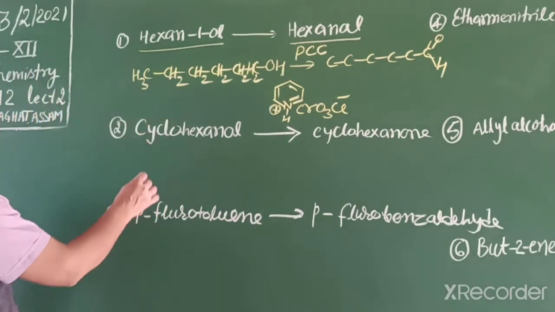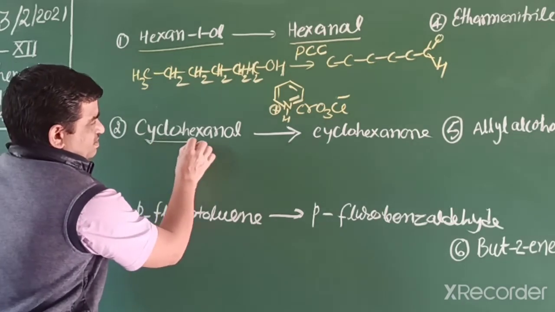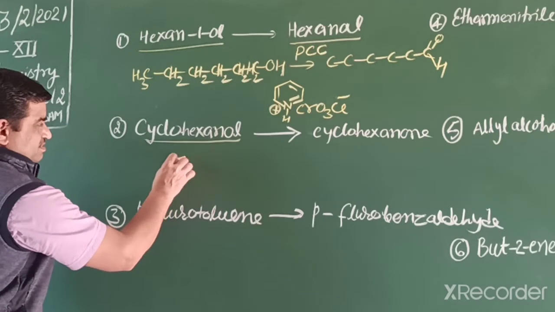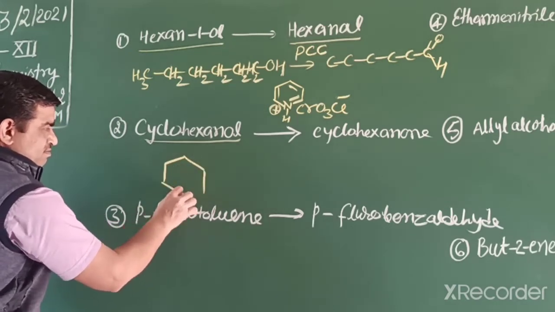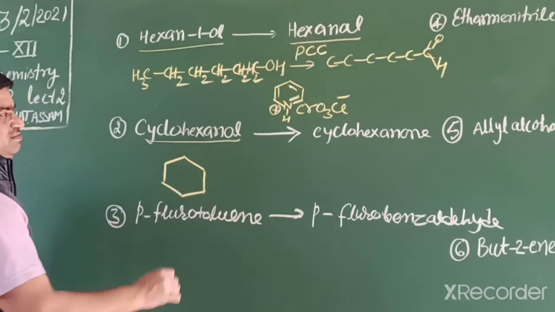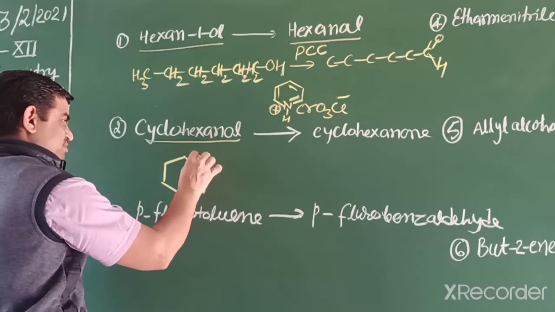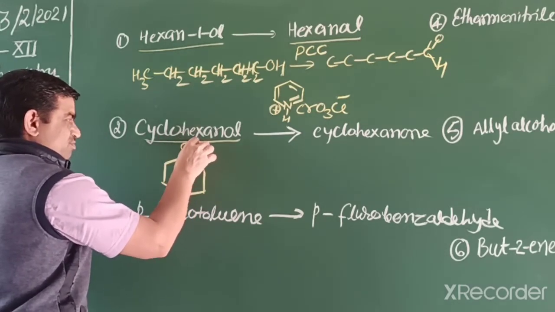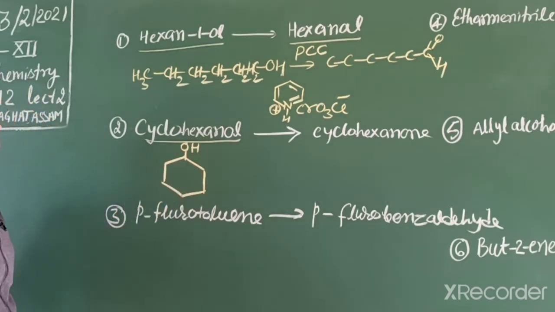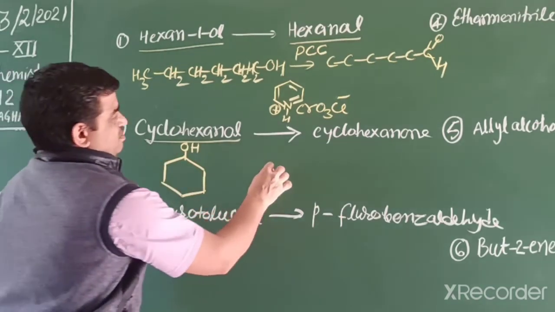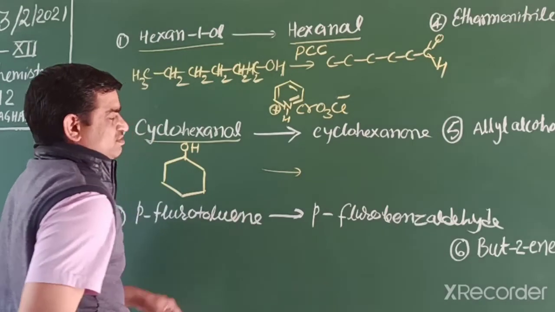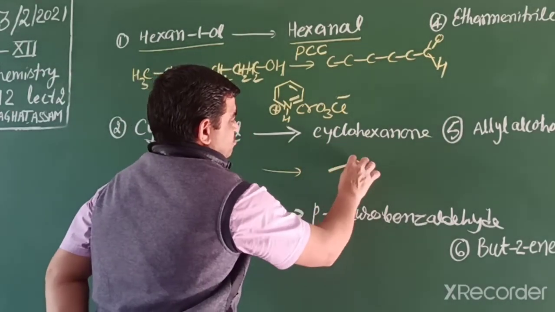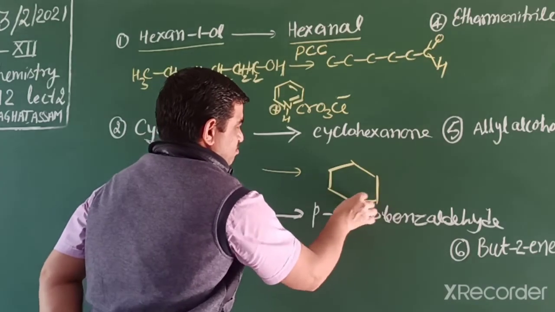Second one, cyclohexanol. In cyclohexanol, first we write the structure. Cyclohexanol means anywhere we have to write an alcohol, OH. This one is cyclohexanol, and the product is cyclohexanone, means a ketone.